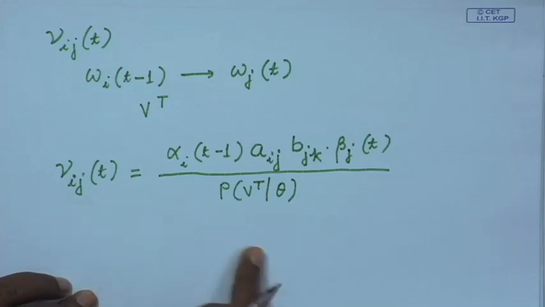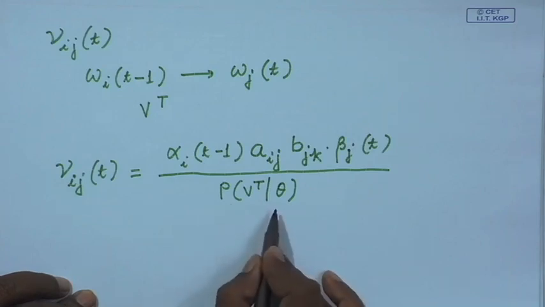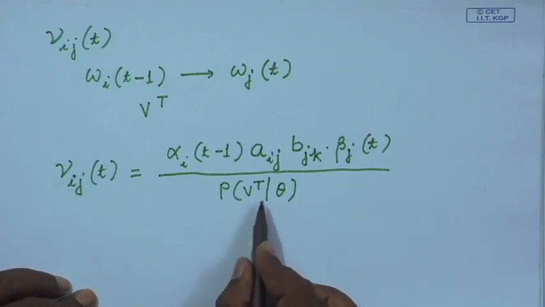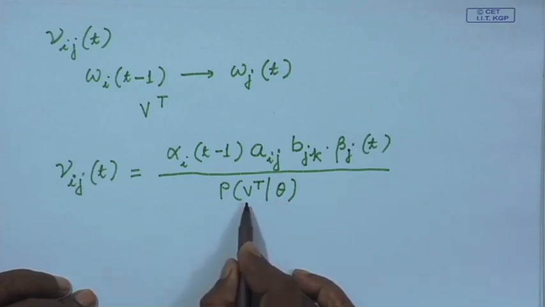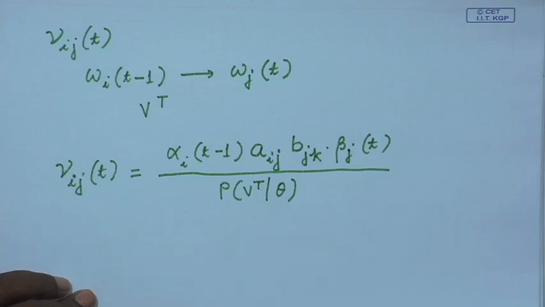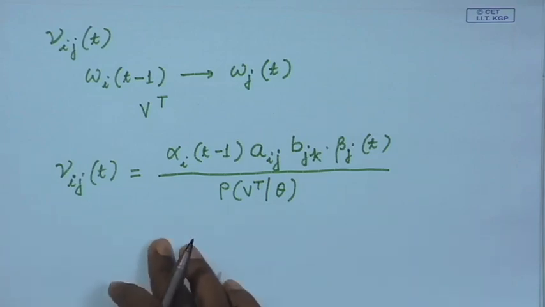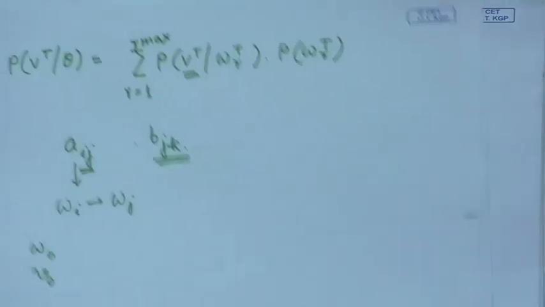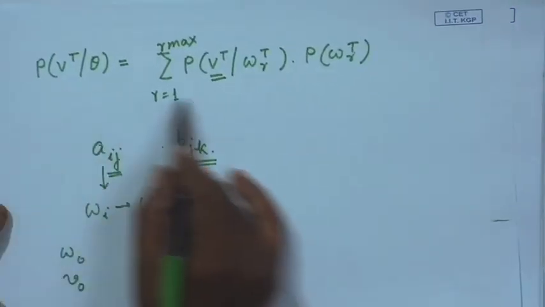And you find that this p of V T given theta is the probability that the model theta has generated this sequence V T following any path, and that is quite obvious, because of the definition of p of V T given theta.